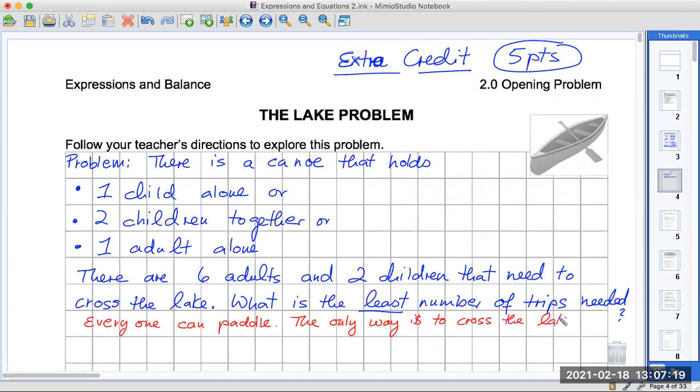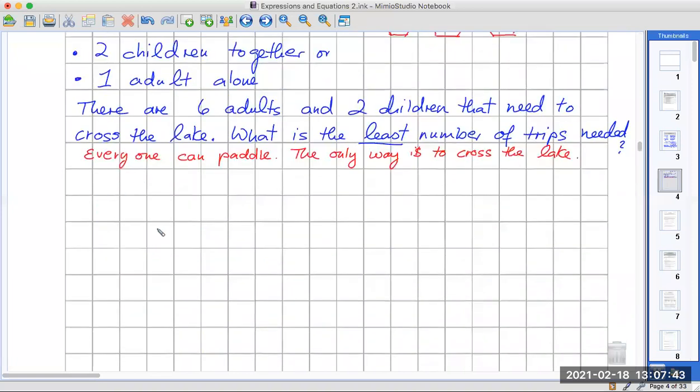So if you decide to tackle this, draw the canoes, and when you do your visual, draw a canoe and put a C for a child, or 2 C's if you pack 2 children, or a capital A for an adult. So you can show and then draw, you can have this whole space here to work it out. So you can say first run, 1 child, go back, get an adult.